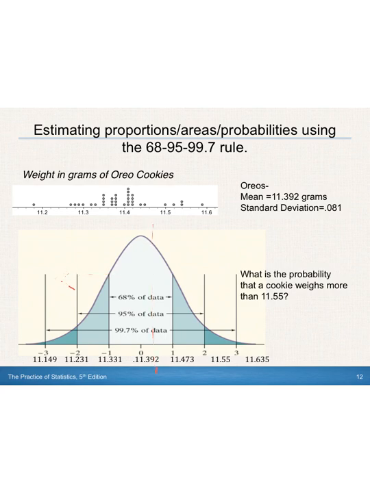So in this case, definitely read the question really carefully and realize that we're talking about more than 11.55. So this is going to be the 2.49 and the tiny 0.13. So it's about 2.5% chance that the cookie weighs more than 11.5. So that means if there were 100, we would expect maybe 3, maybe 2 to be more than 11.55.